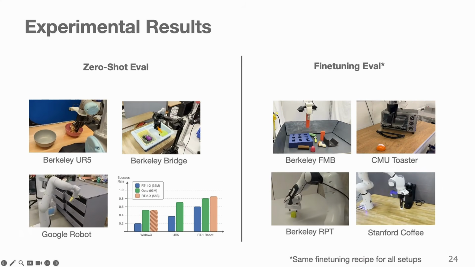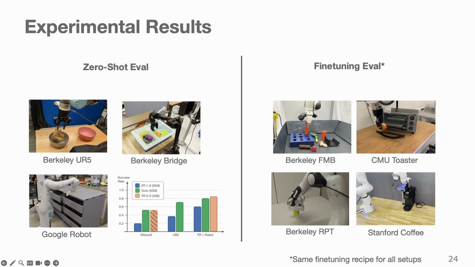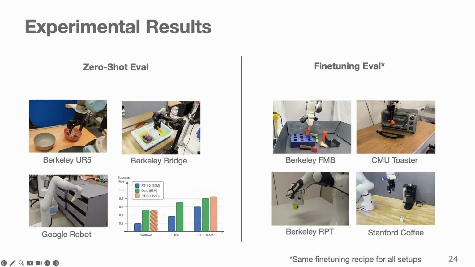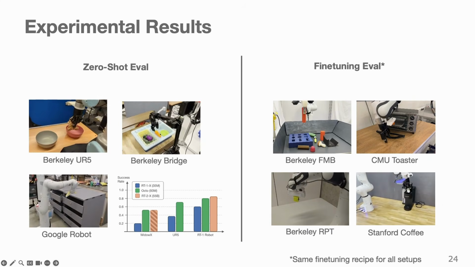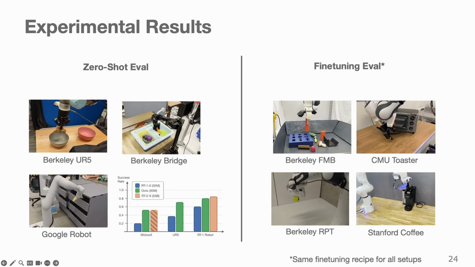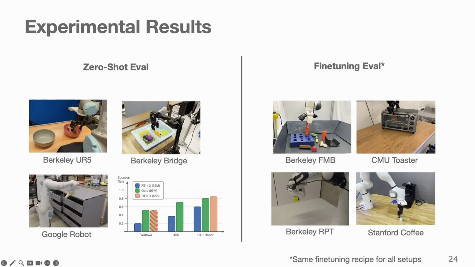All right, so we divided the evaluation into zero-shot evals and fine-tuning evals across many labs and institutions. We used the same fine-tuning recipe to adapt Octo to new sensory and action spaces.